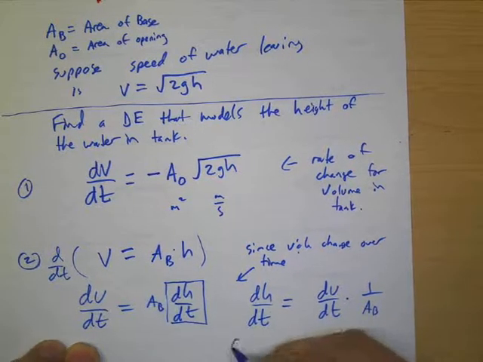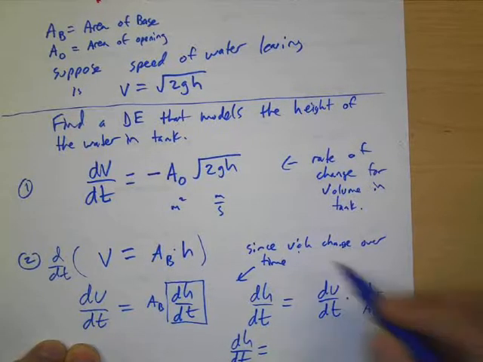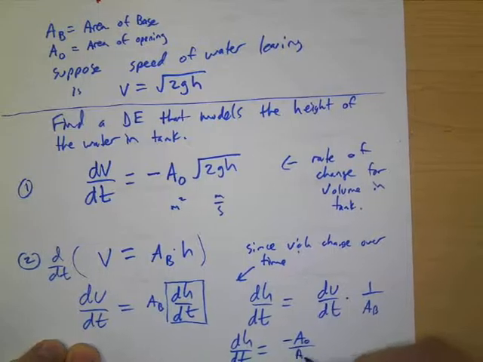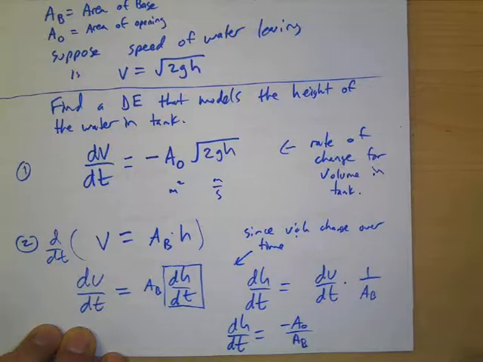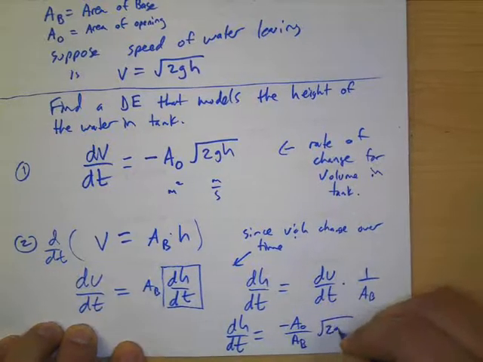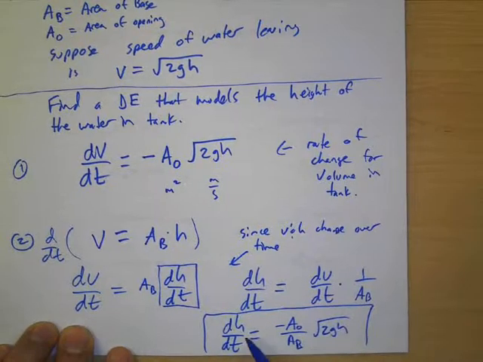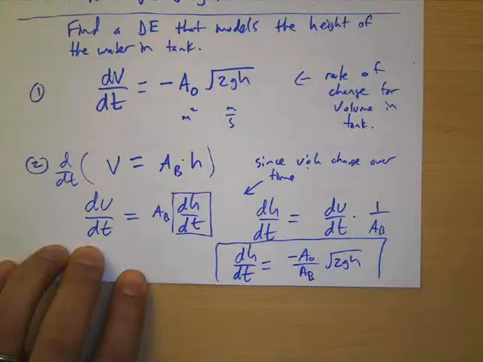So if I clean that up, I'll just write it as minus A sub o over A sub b times root 2gh. So here's a model for the changing height of the water in the tank.